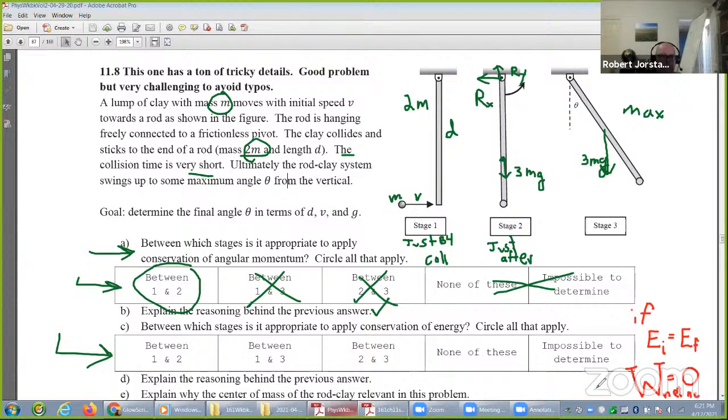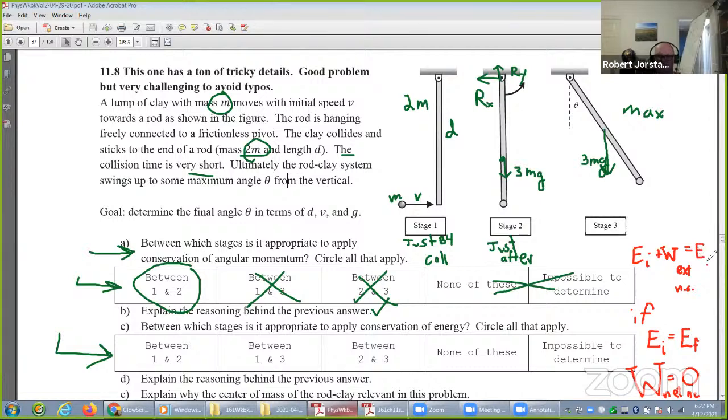Remember that term work? You need the work done, external and non-conservative, to equal 0. Remember we used to say E initial plus work, non-conservative and external? Remember that? So work from non-conservative things such as friction.